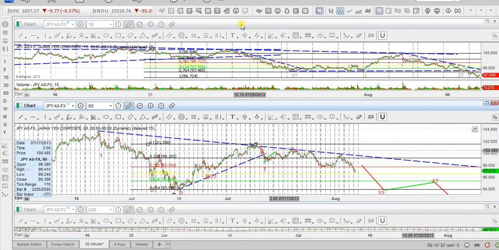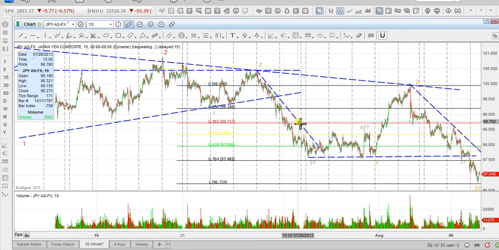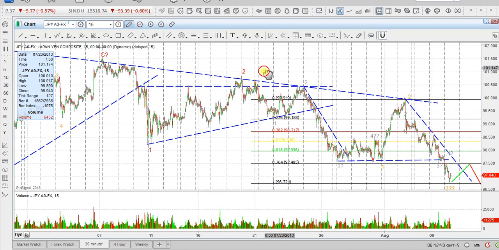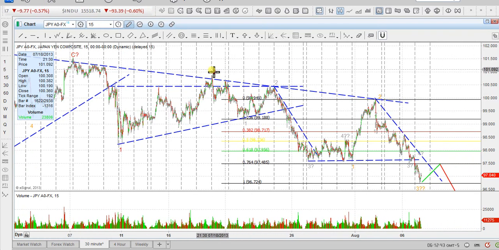Now as we drop down on the 15-minute charts, we see we had that wave 1 followed by a 76% correction for wave 2. Then for the subwaves of that, we have wave 1, 2, and then working on 3.